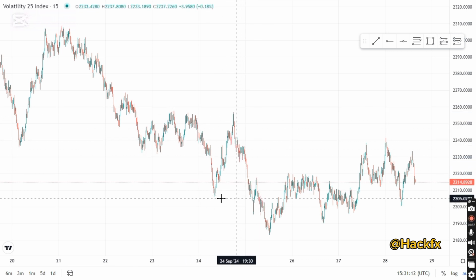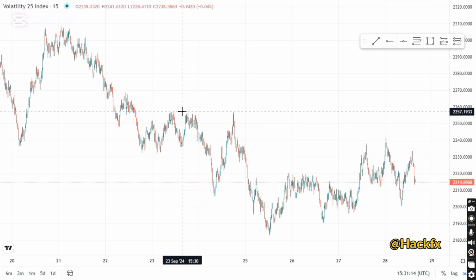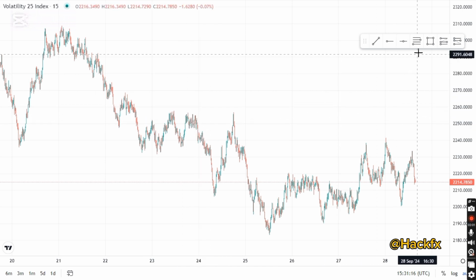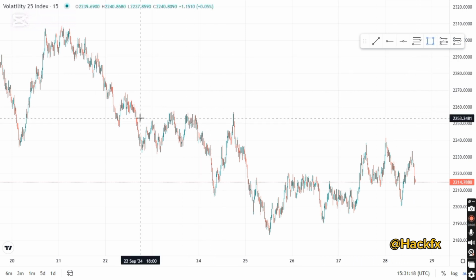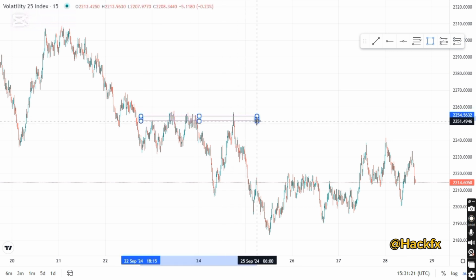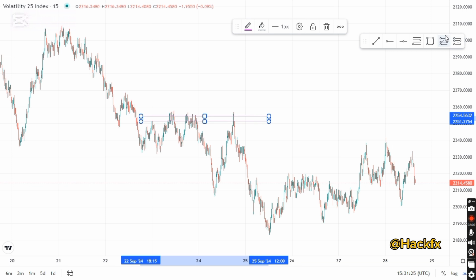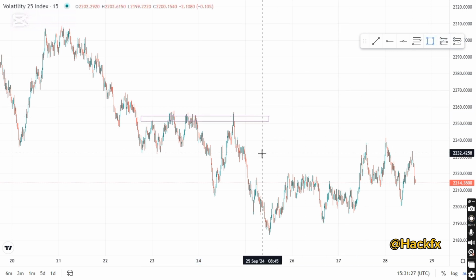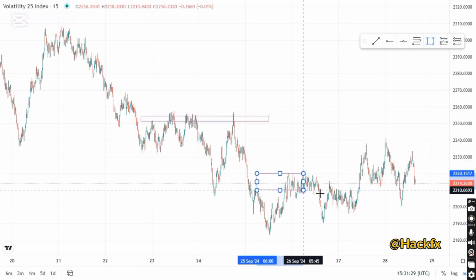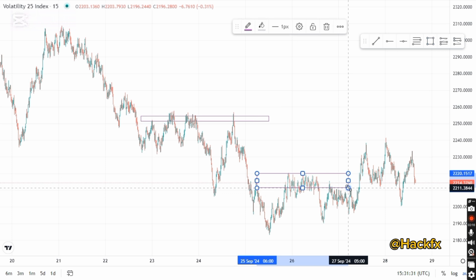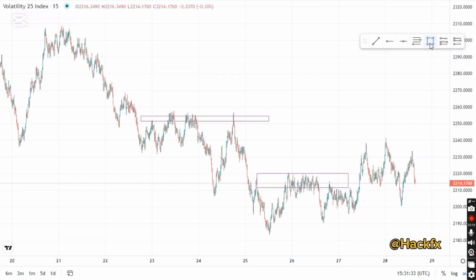We want to see how we can catch some of these pullbacks. How do we catch these pullbacks?